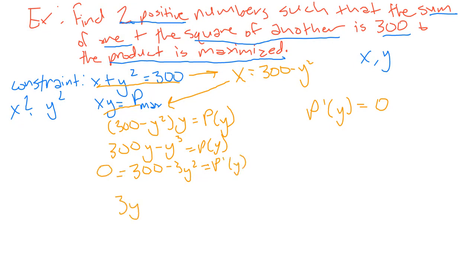And we can get 3y squared equals 300, and y squared is equal to 100. And then this gives us y equal to 10, because, of course, we said earlier that they have to be positive.